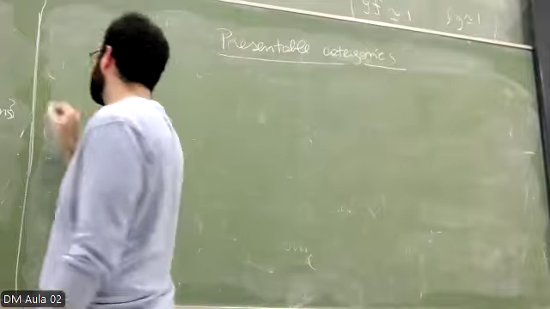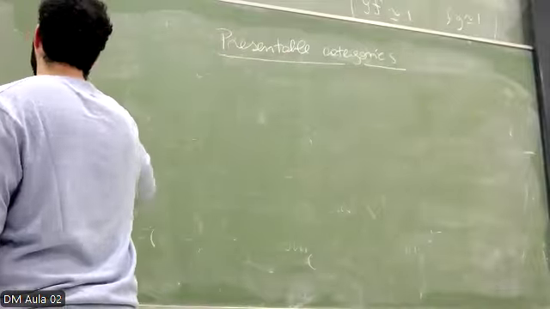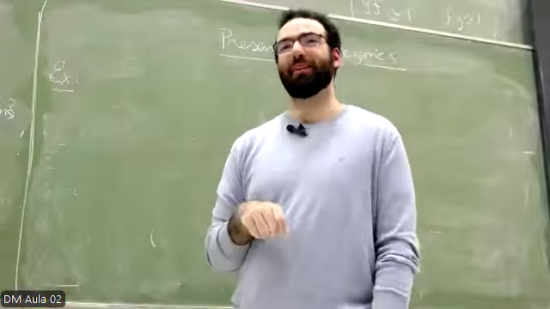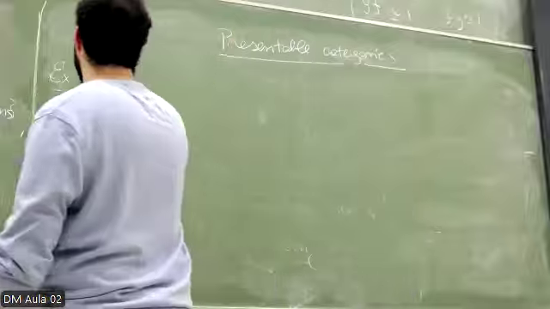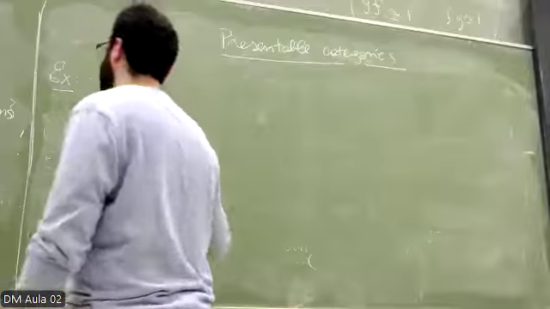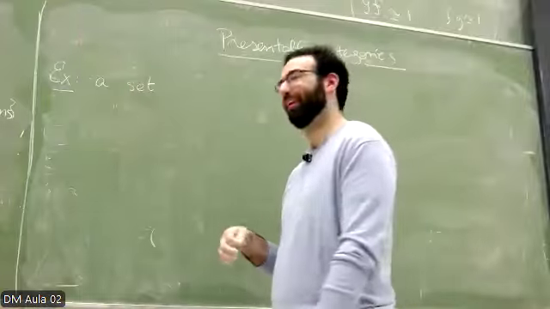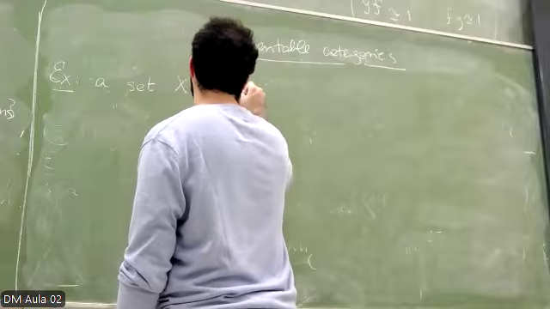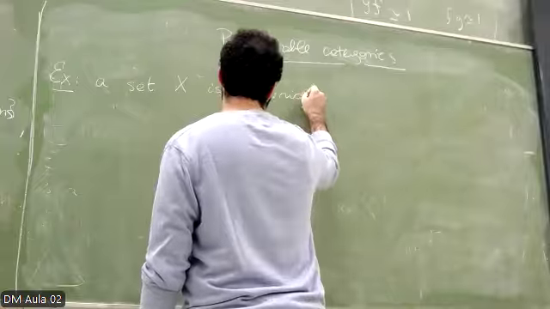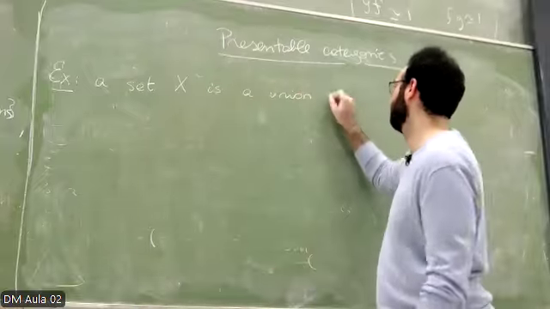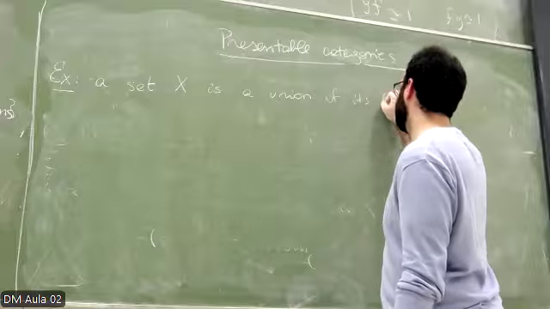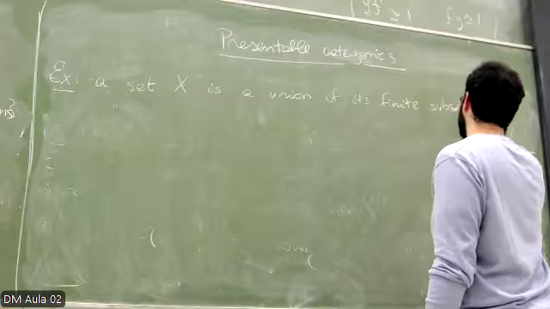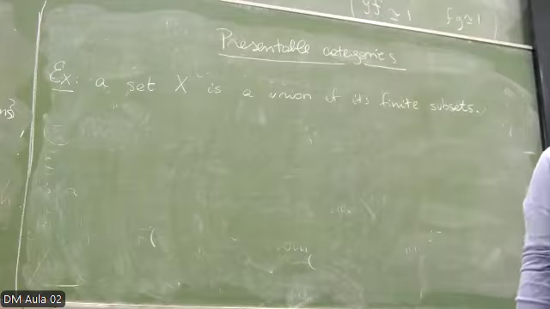Okay, so I'll tell you two facts, which imply that these categories are presentable. Of course, we haven't defined what presentable is, but that's the idea to first do this. So, say a set X is a union of its finite subsets. Right?